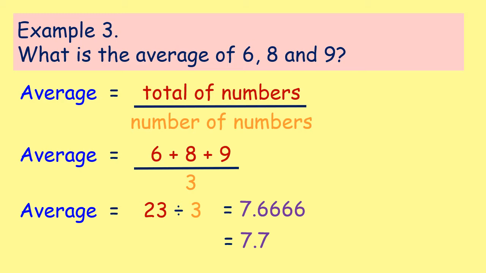If the number after the number you're going to round is 4 or less, you don't round the number up and you keep it as it was. So in this case, we need to round up because it's 6 followed by a 6. So we round up.